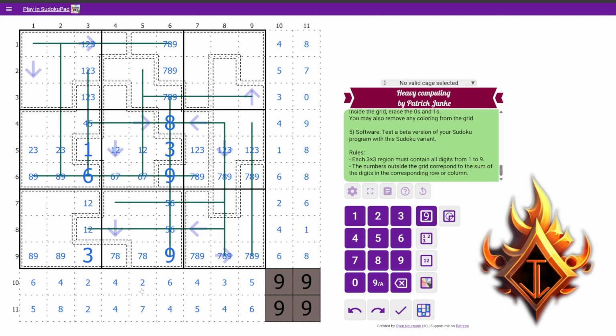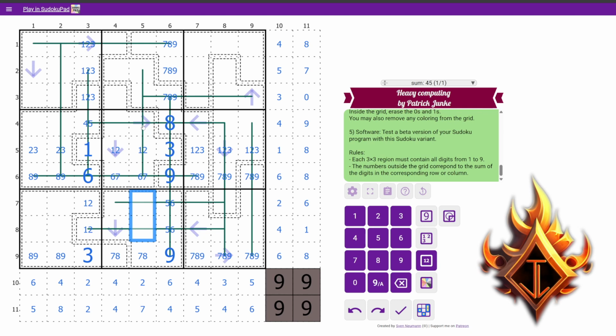Now, what about this 27? Because this is 3, 4. Or no, it's 1, 2. That was 1, 2.